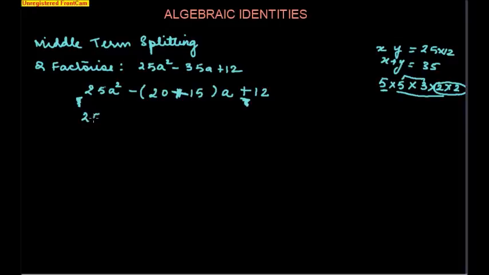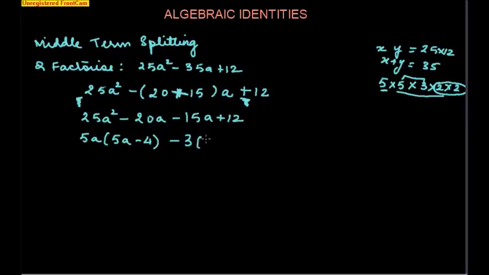So we write down 25a square minus 20a minus 15a plus 12. I take 5a common and I am left with 5a minus 4. I take minus 3 common and I am left with 5a minus 4.